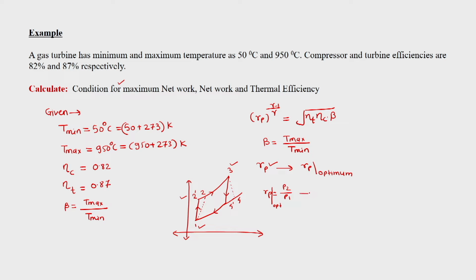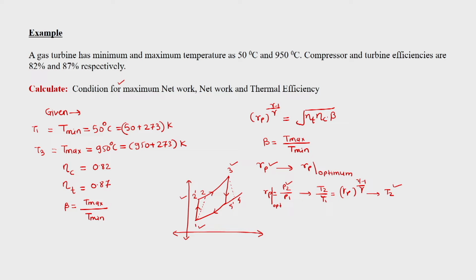Knowing this, we can find T2 dash by T1, which is equal to Rp raised to gamma minus 1 upon gamma. We know Rp optimum, and we know T1, which is the minimum temperature, and T3 from the cycle. So now we know T2 dash and P2, and anyway we know T3.